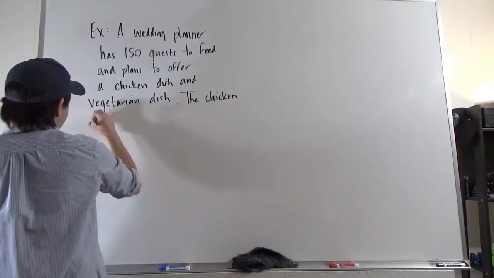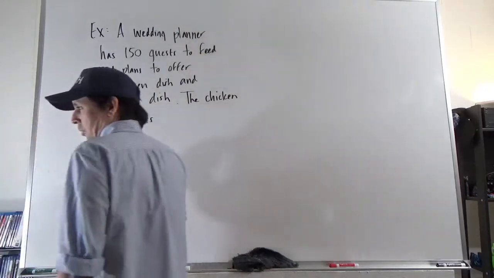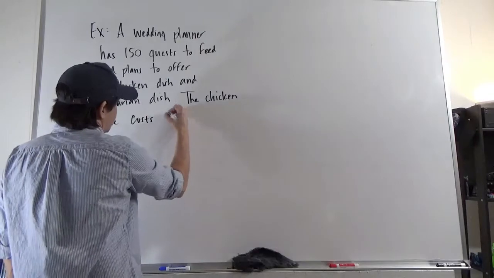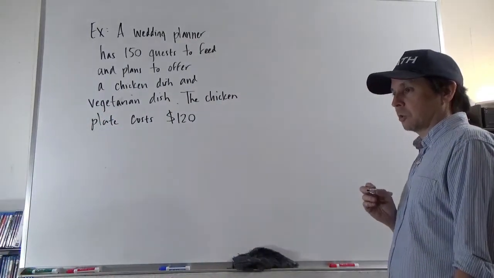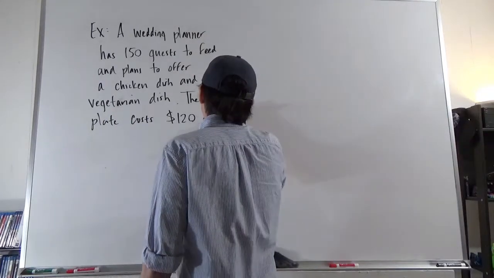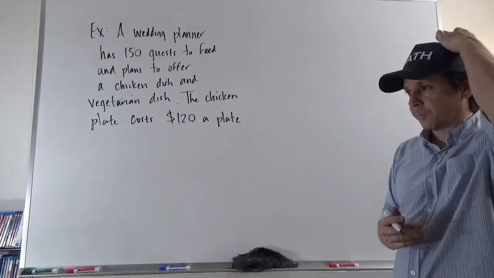The chicken plate costs $120 per plate, and that is reasonable. People gasp when I say it, but weddings are expensive. That's $120 for a single plate for a single one of the guests.